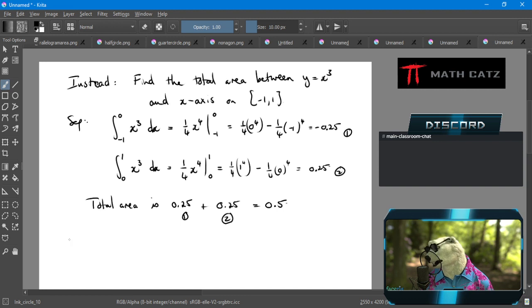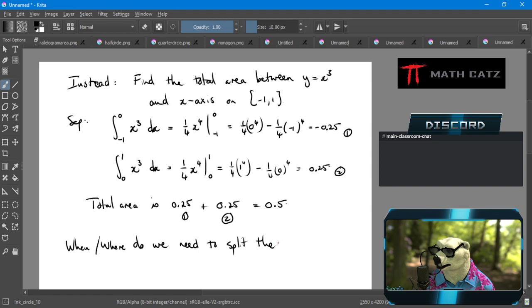So how do I spot that? When and where do we need to split it up like this? Do we need to split the interval? When I have an x-intercept inside the interval.